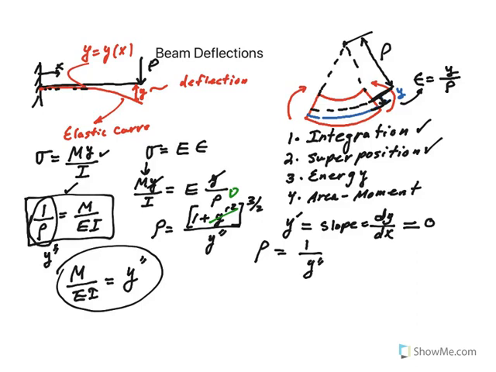So let me show you a very simple problem, how we can find the equation of the elastic curve and determine the maximum deflection. The most typical problem that we can do is shown right here.